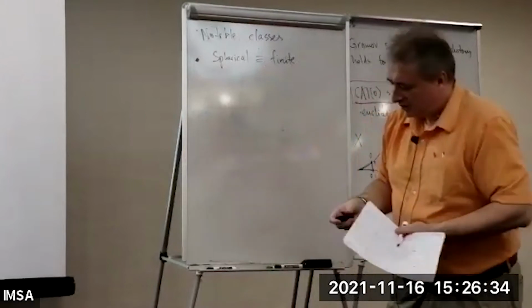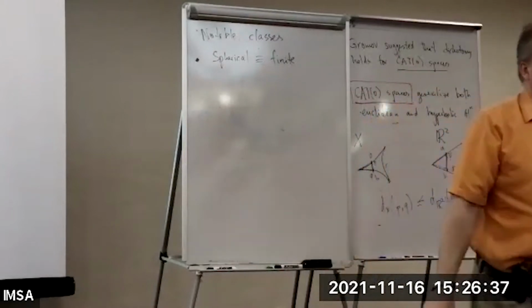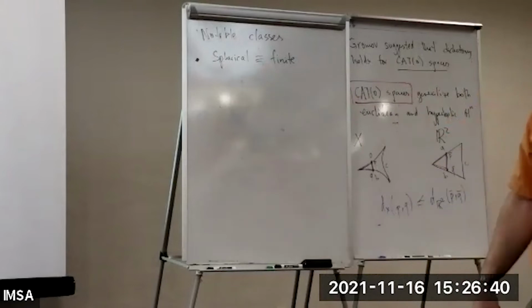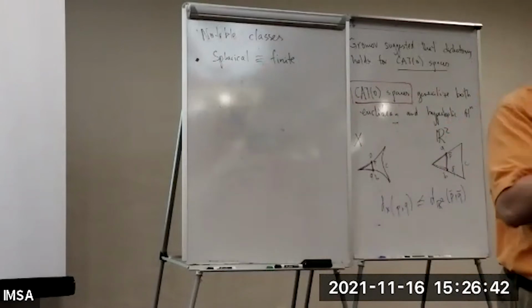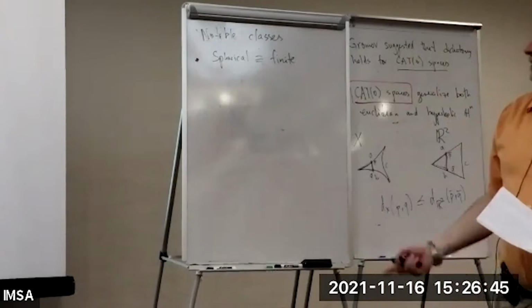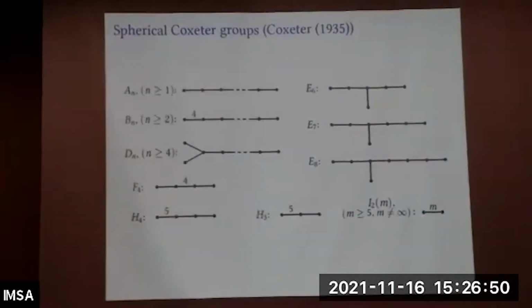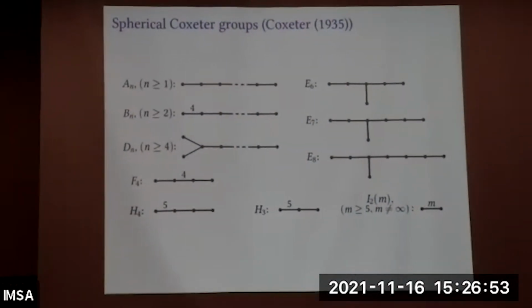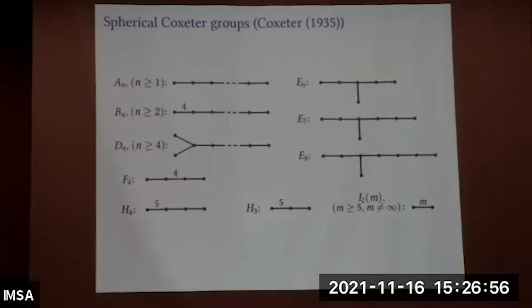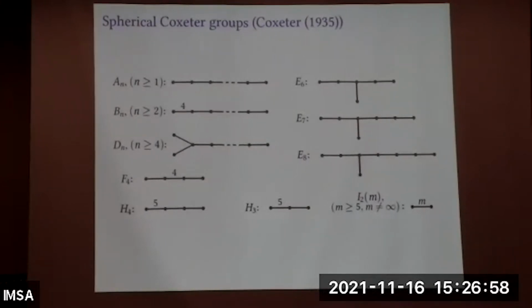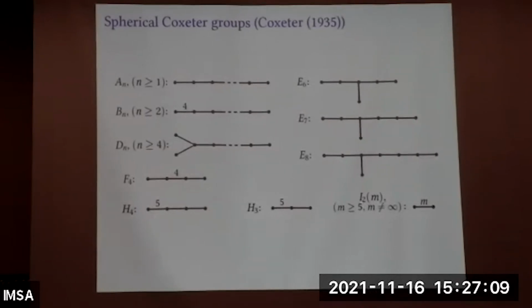And they were, irreducible, are given by the following list, classified by Coxeter himself. And we see that this list resembles the famous classification of simple Lie algebras, with the exception that there are some weird groups like H4, H3, I2, which can be not just 2, 3, 6, but any number.